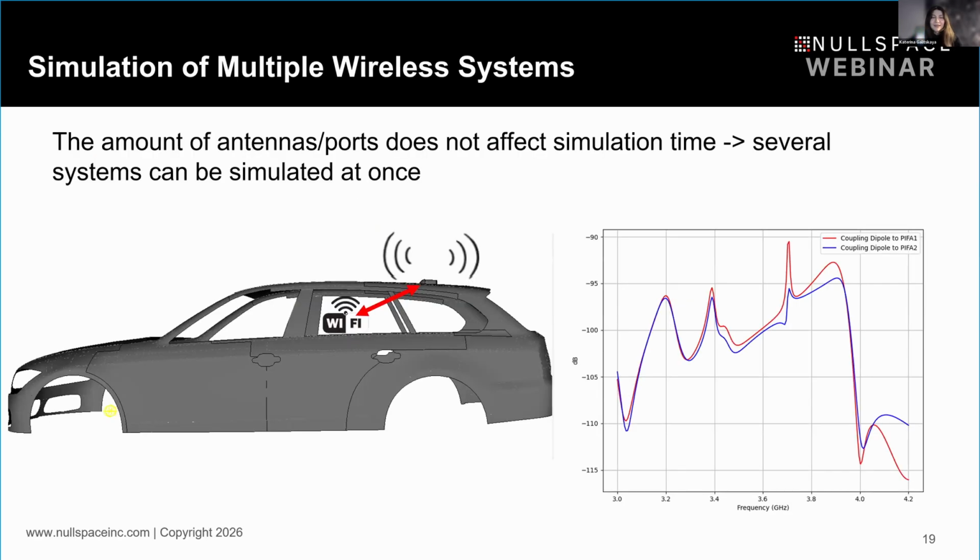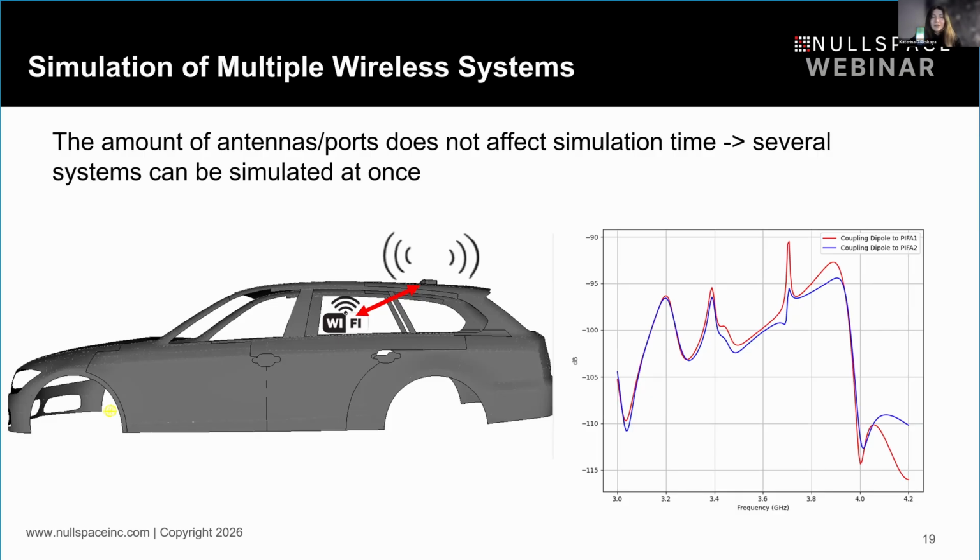And then the last thing on this antenna simulation that we wanted to show is that with this Nullspace simulation approach, we can simulate a big amount of ports. We can simulate a lot of different ports in the same simulation, in the same run.